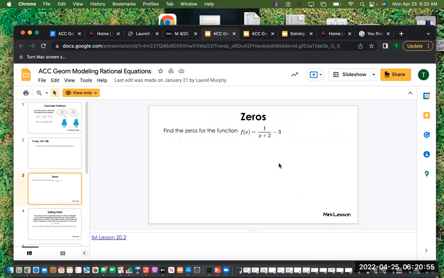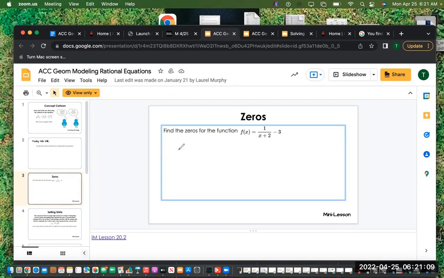Okay, so find the zeros of the function. What we're going to do with this is set this equal to 0 and then solve. So 1 over x plus 2 equals 3, because I would move that 3 to the other side.